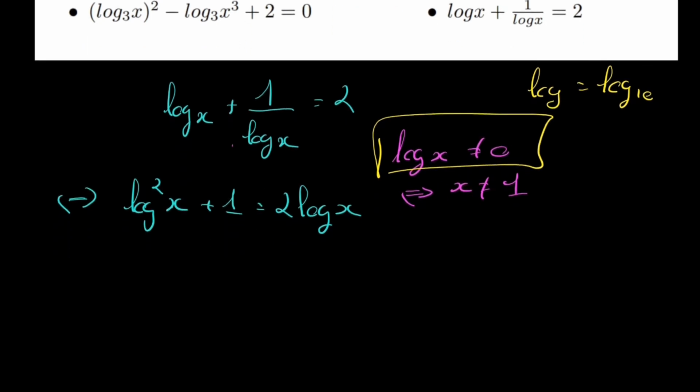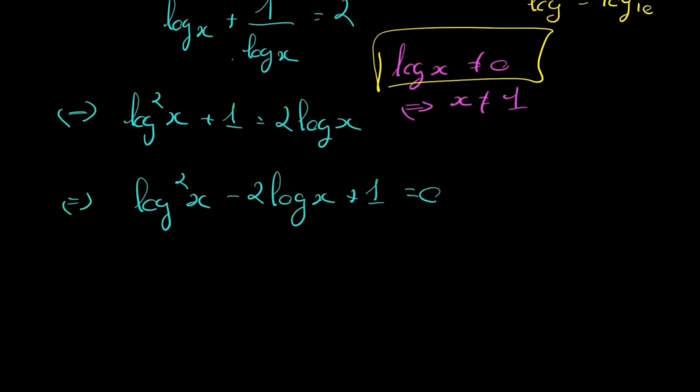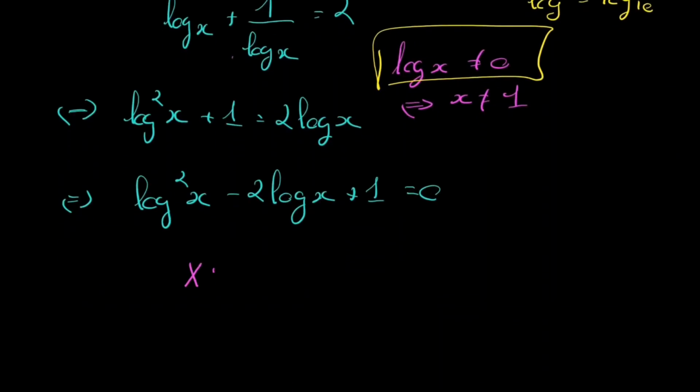Let's put everything on the same side. Log squared of x minus 2 log of x plus 1 is equal to 0. Same thing as before. Let's define capital X as log of x, because we have the same thing here and here. Just here this is squared and here not.